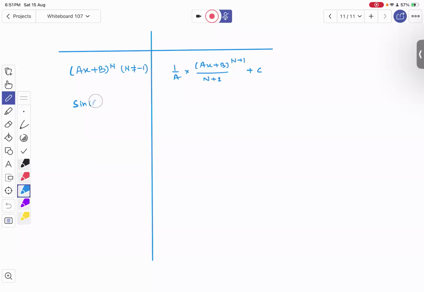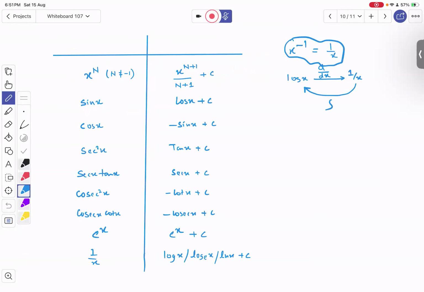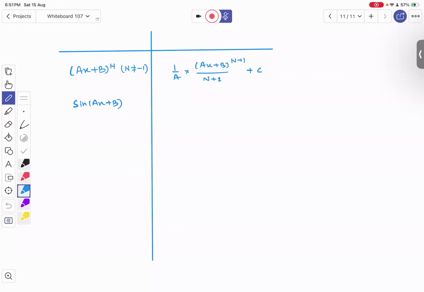Sine of ax plus b will be... I wrote wrong, man. Integration of sin x is minus cos x, because differentiation of minus cos x is sin x, since differentiation of cos x is minus sin x. Okay, a mistake, I wrote wrong.